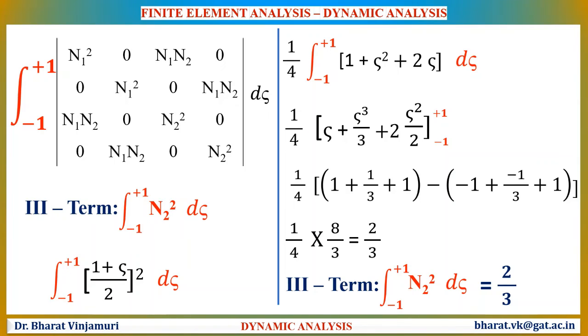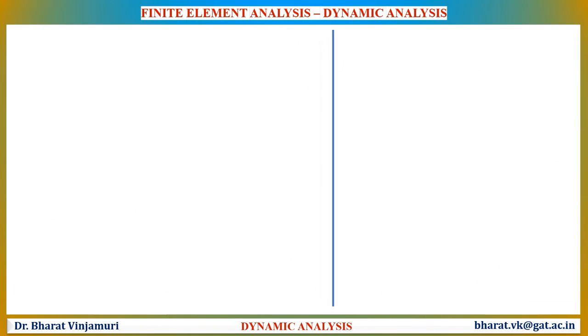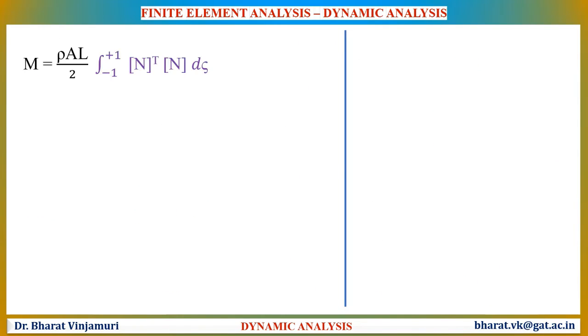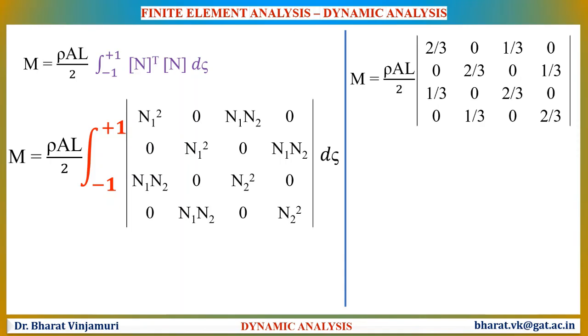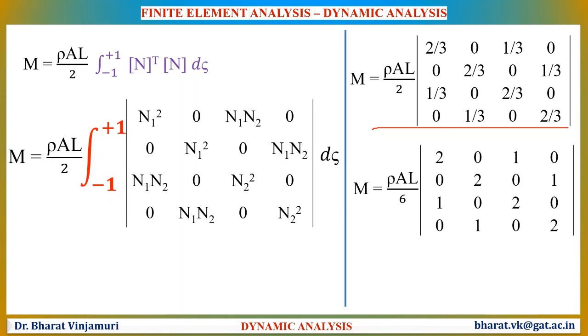Thus, after finding the values of N1 square, N1 and N2, as well as N2 square, we will be substituting these values in the following 4 cross 4 matrix. So thus, by substituting these values, we end up with the following equation. Taking the value of 1 by 3 common, the consistent mass matrix for a truss element will be given by the following equation.